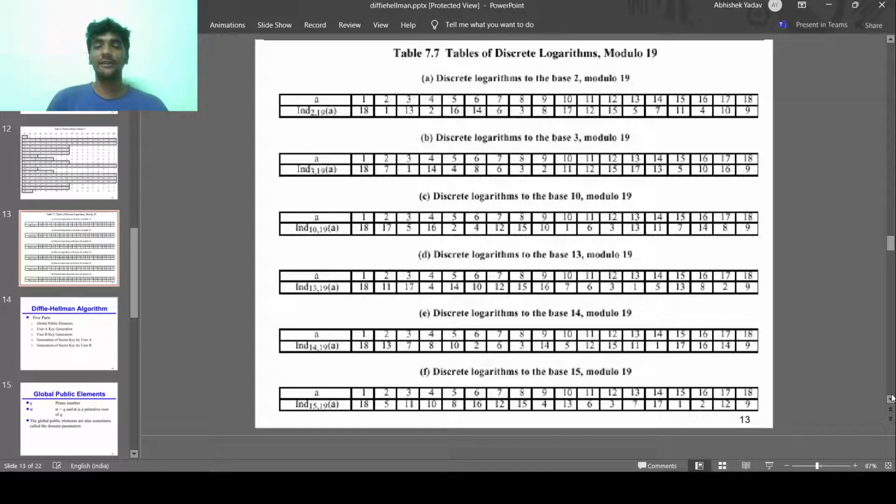Also, there's a table of discrete logarithms of base 2 modulo 19, and with base 3, and then in figure C we have base 10, in D we have base 13, for E we have base 14, and for F we have base 15, and for each and every figure the modulo was 19.